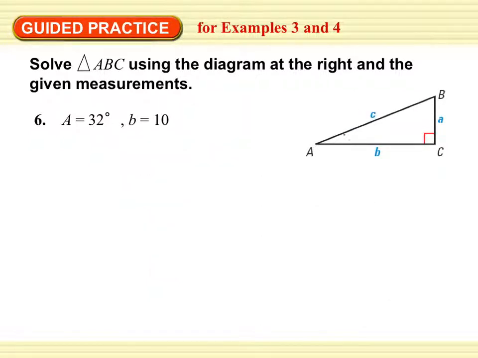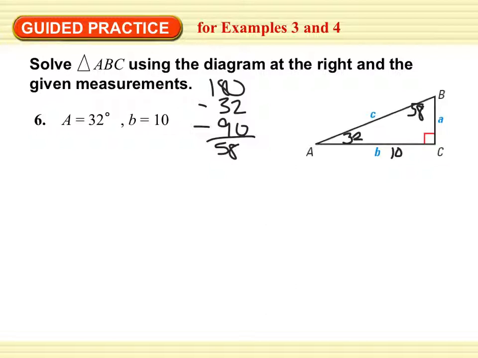Here we know that A is 32 degrees, so I can do 180 minus 32 minus 90. That gives me 58. I know that b is 10. So, opposite over adjacent.